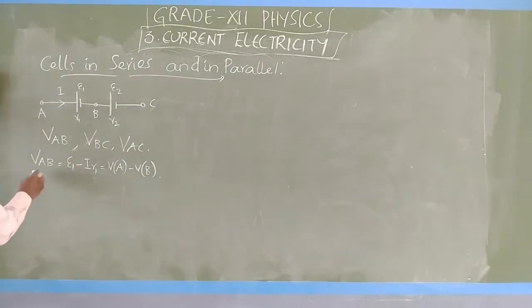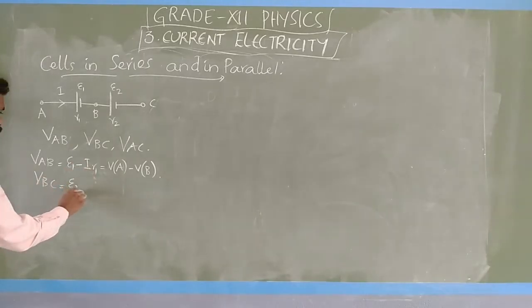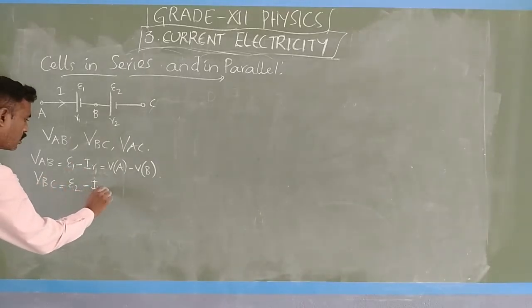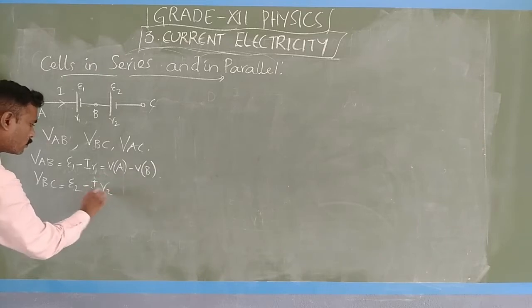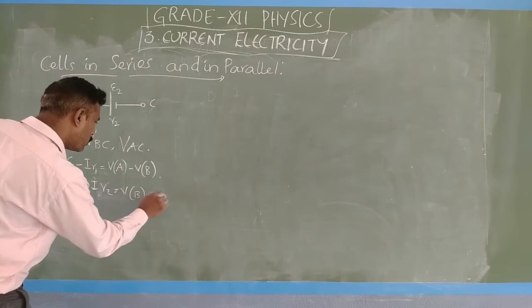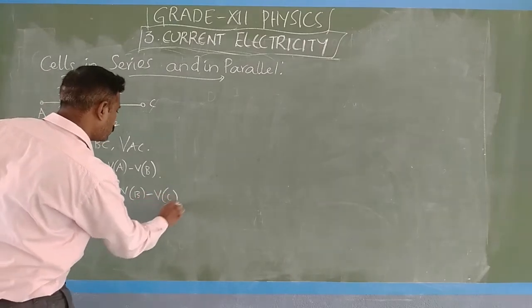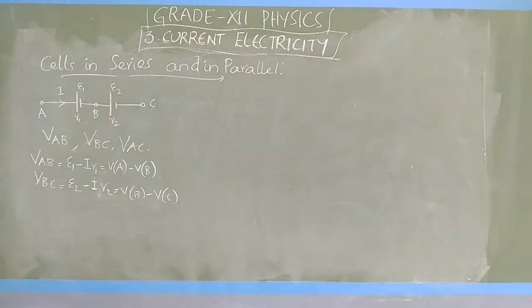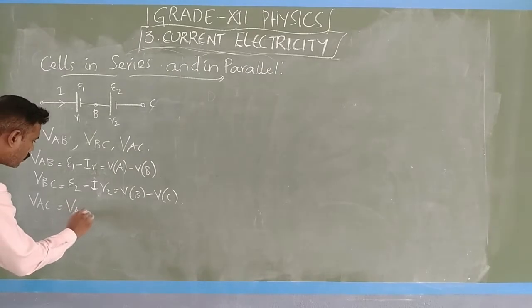Similarly, VBC is E2 minus IR2. That is V of B minus V of C. Clear? Then VAC is what?